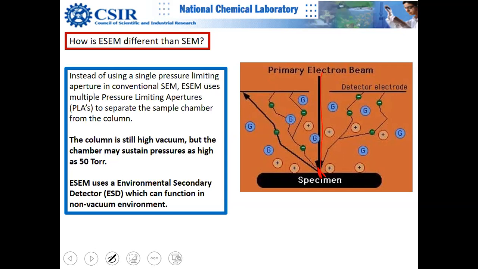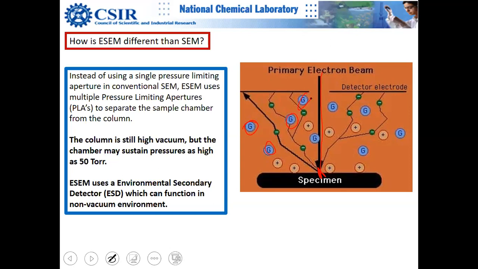They will ionize the gas. You have lots of gas molecules, and when these high energy electrons hit those gas molecules, they will rip them apart and ionize them. So those gas molecules get ionized.